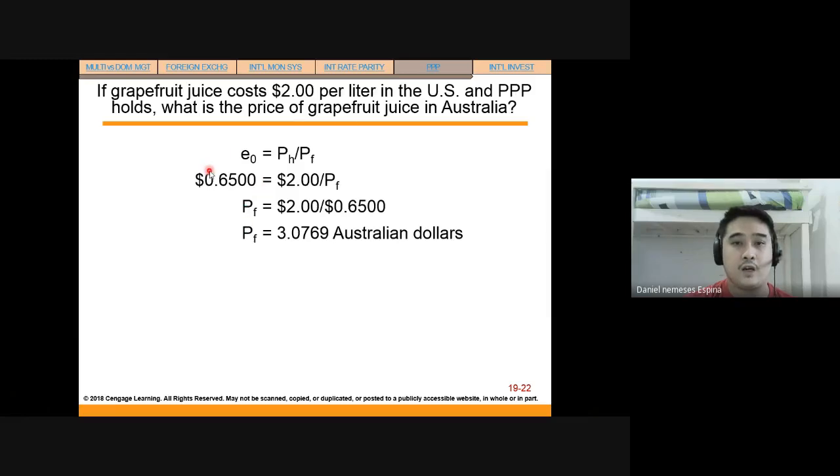So to get the price in Australia, we will divide $2 by its spot rate, which is 0.65. Therefore, the cost of that grapefruit juice in Australia is 3.0769 Australian dollars.